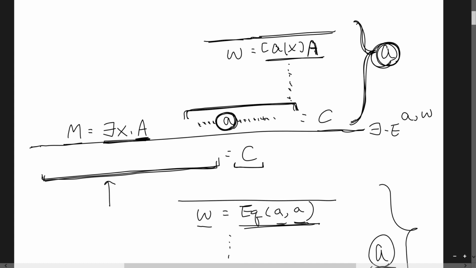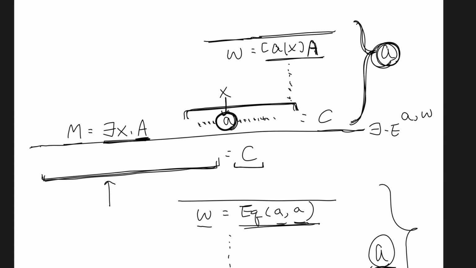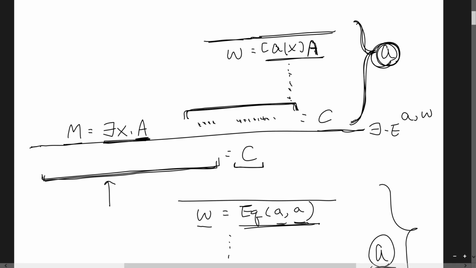Okay, so the story goes like this. We imagine that originally this proof term has term variable x, and it has been replaced with a. So perhaps we can rewrite this proof term as something like this is x, and this one has been replaced with a.